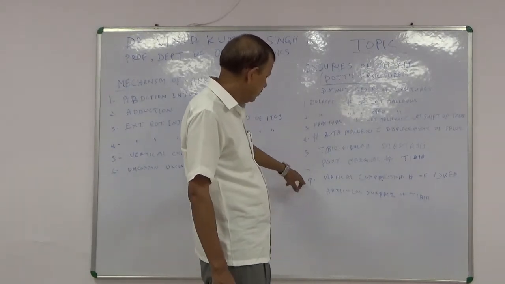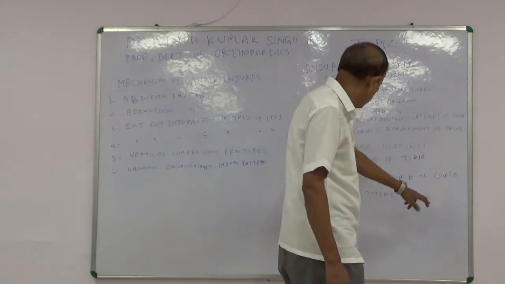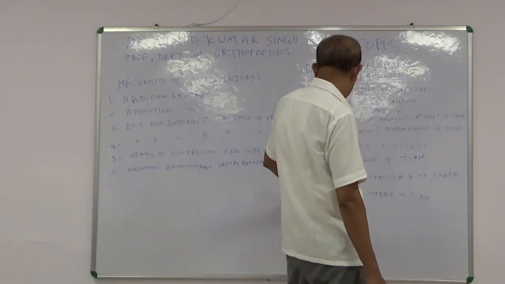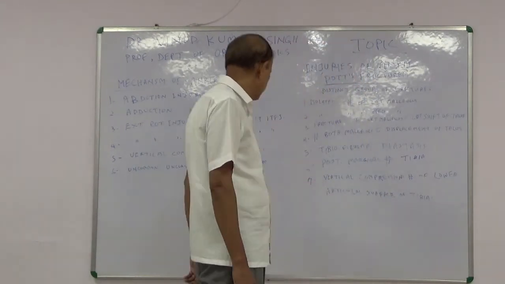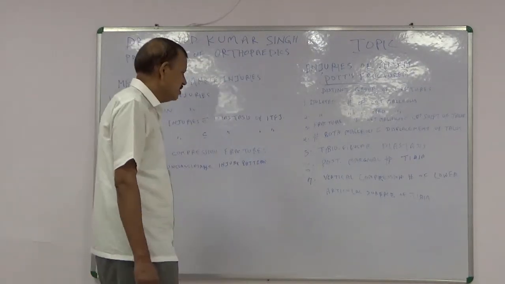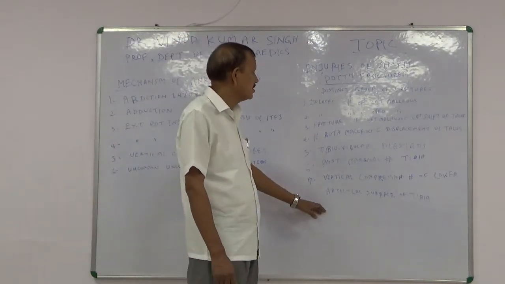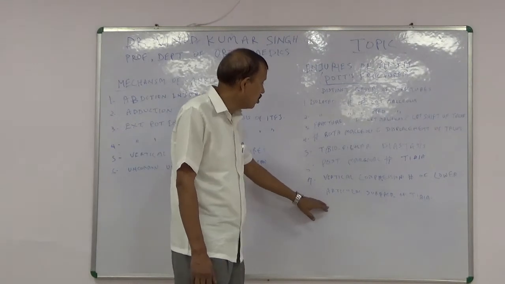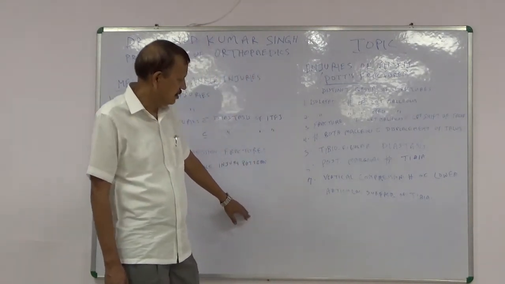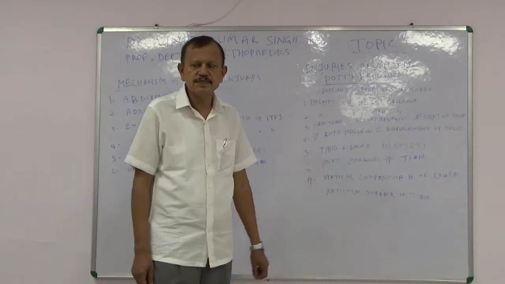Then vertical compressive fracture of the lower articular surface of the tibia, that we have discussed in the video before. These fractures may happen, but they are uncommon and can be classified in separate groups.